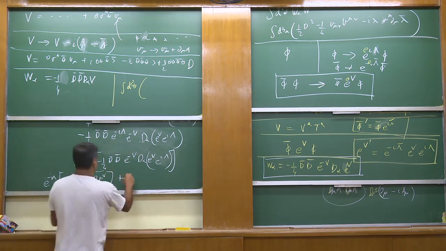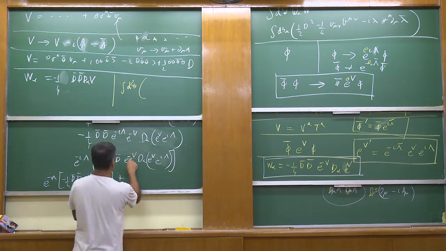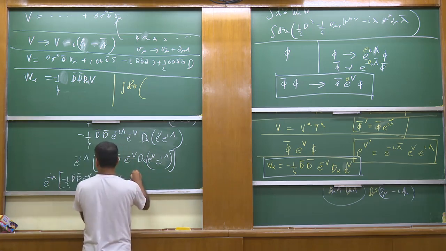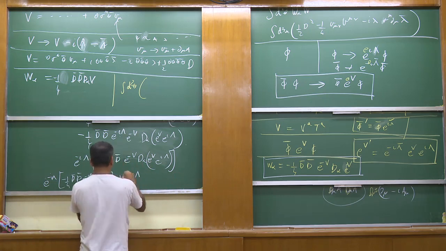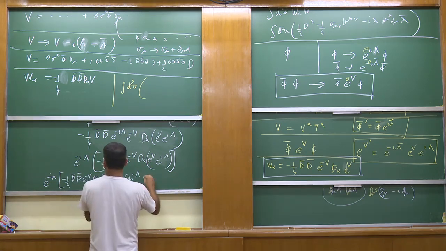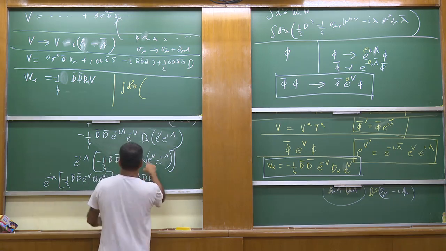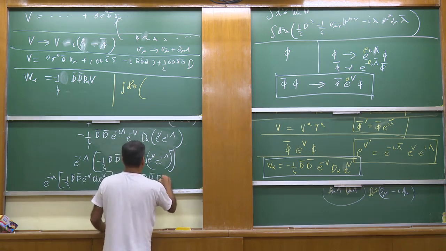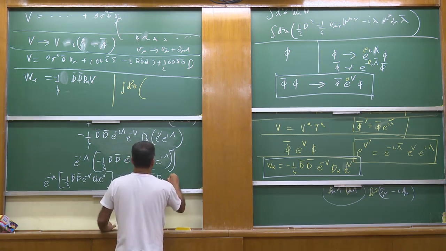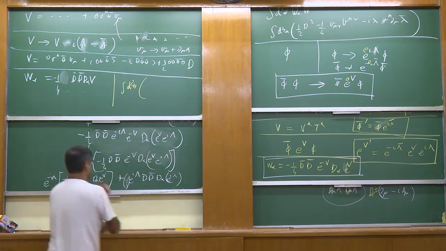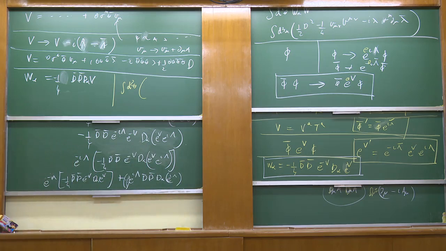That's one term, plus the second term, as Anurag said, simplifies a bit because this is e to the power I lambda times minus 1/4 D bar, and then D alpha e to the power I lambda. Give me one minute more.